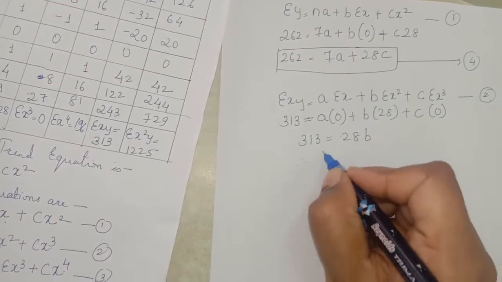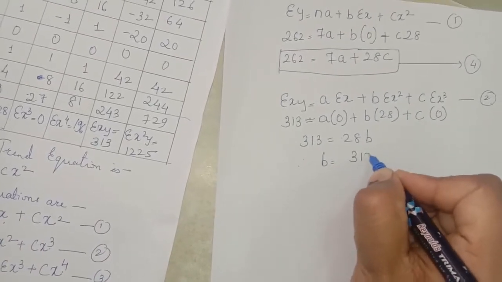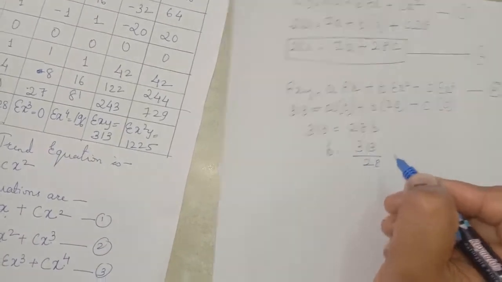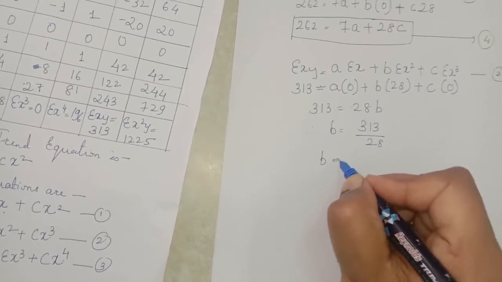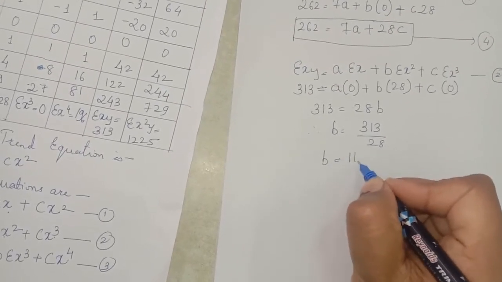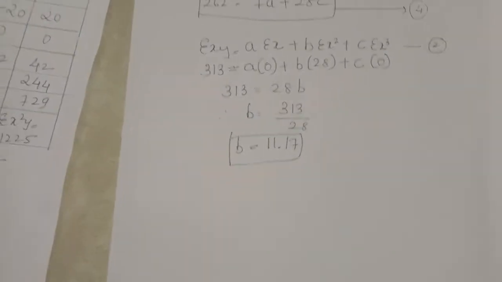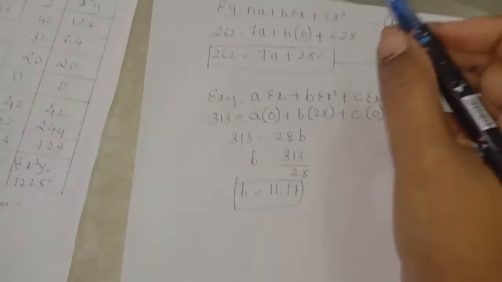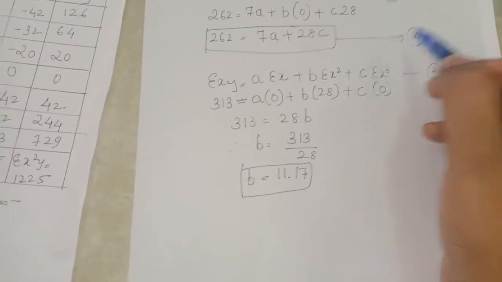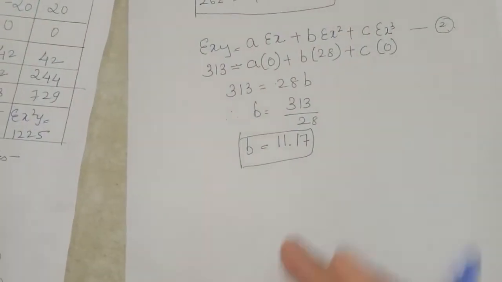So therefore b is equal to 313 divided by 28. Therefore the value of b is 11.17. Okay, we got the value of b by the second equation. From the first equation we got the fourth equation, and from the second equation we got the value of b.